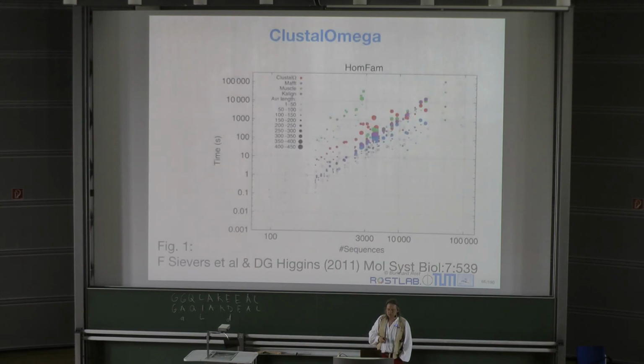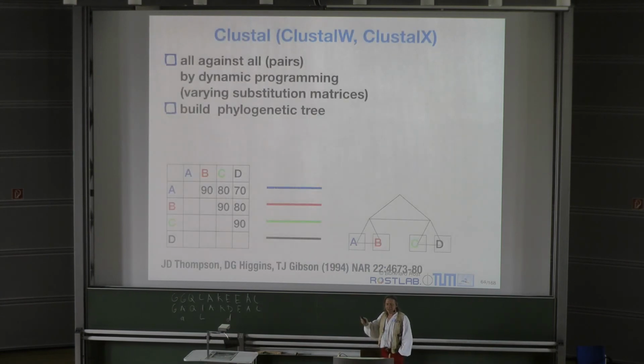Essentially ClustalW, in doing this, builds up a family from pair comparisons through dynamic programming. So it's somehow more accurate than PSI-BLAST because it always uses the optimal method. The problem, of course: what do you believe is the problem of this? Slow.